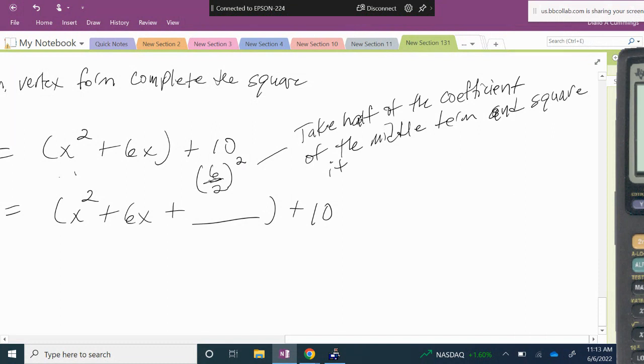This is basically what it means to complete the square. If I take half of 6, I get 3. And if I square 3, I get 9. Whenever you complete the square, you force what's called a perfect square trinomial.